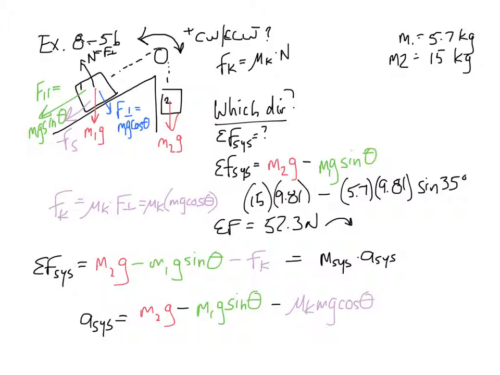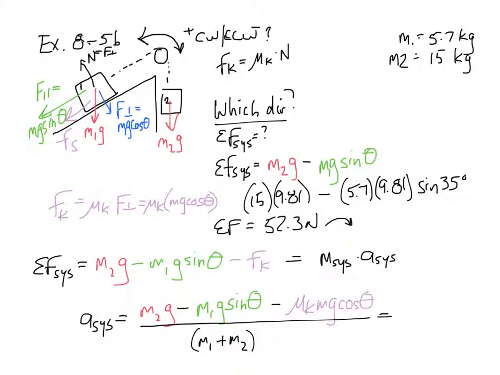All of that is over the mass of the system. Now, this is the net force on the whole system, so that force has got to be pulling both of those masses. So the mass of the system is really nothing more than m1 plus m2. That's going to be your working equation right there to set up part B in example 8.5.